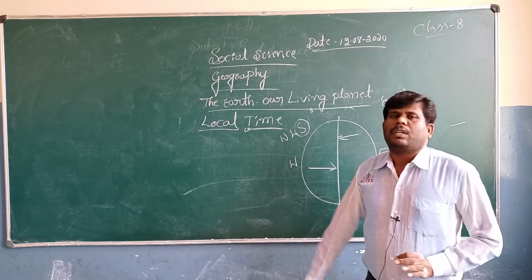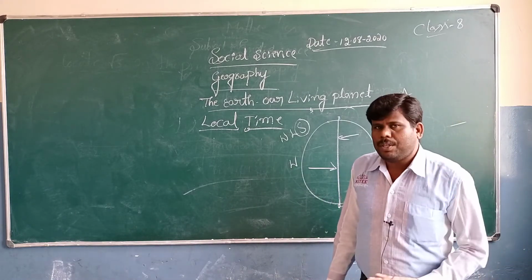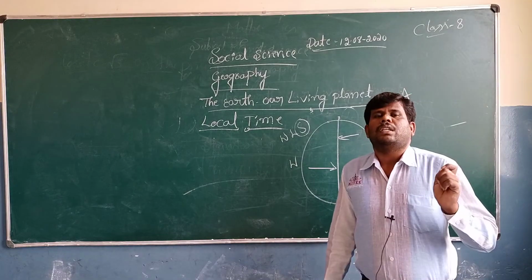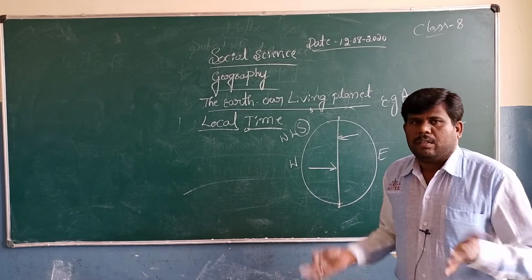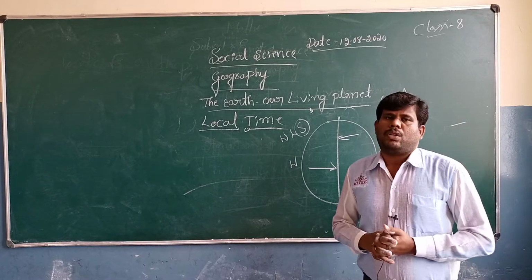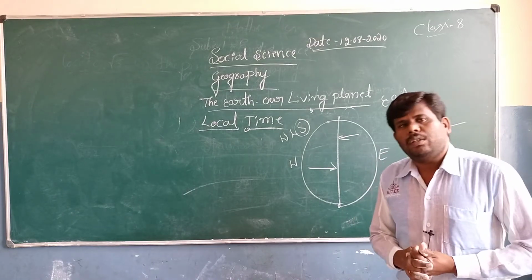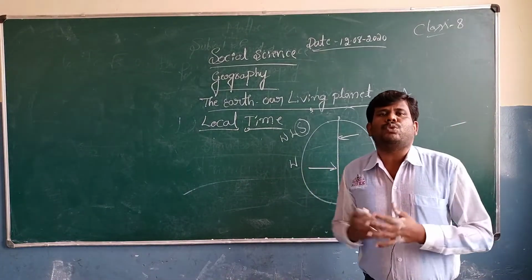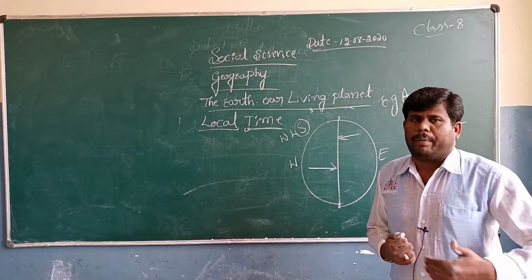In the east, there are 180 longitudes. To the west, there are 180 longitudes. 180 plus 180, there are 360 longitudes on the earth. The distance between two longitudes decreases with the distance from the equator.